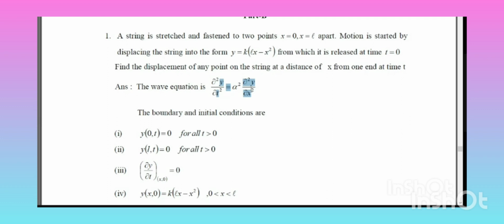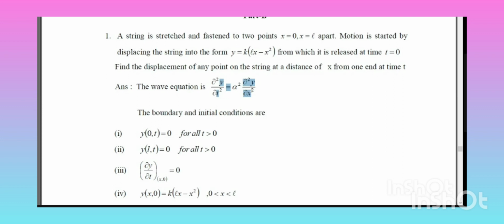So let us see one problem. A string is stretched and fastened at 2 points, x = 0 and x = L apart. The motion is started by displacing the string into the form y = k(Lx − x²), from which it is released at time t = 0.